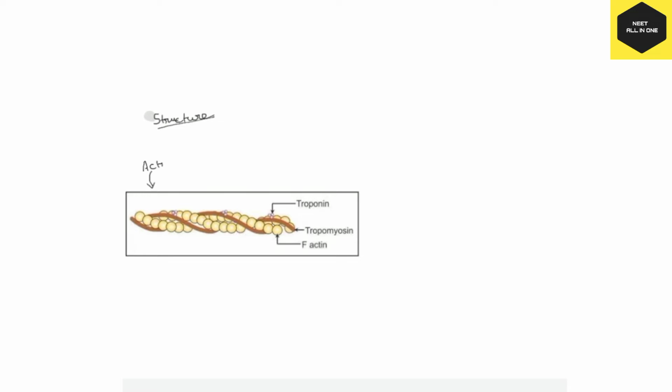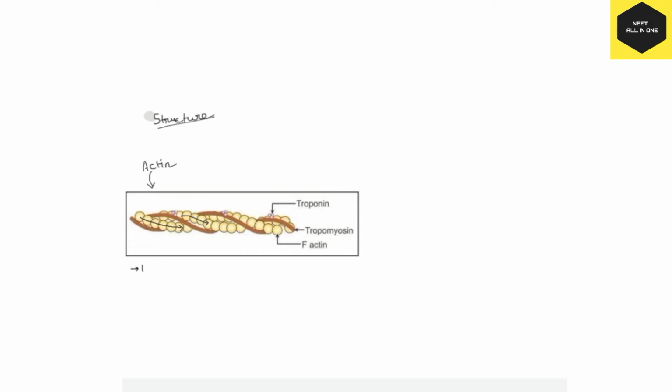Now actin is nothing but two filamentous proteins. This is one going, and this is another. These two filaments are helically wound around each other.